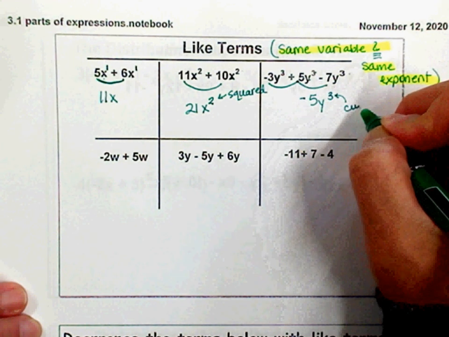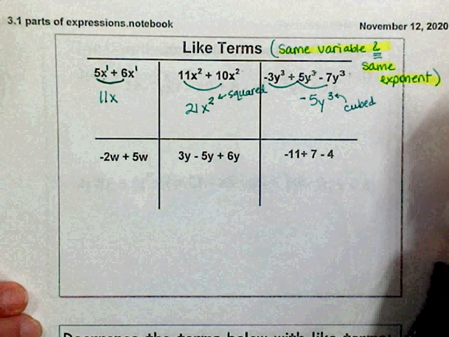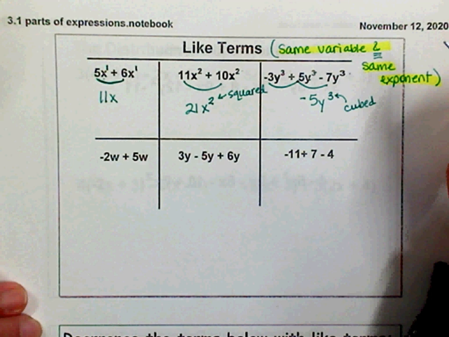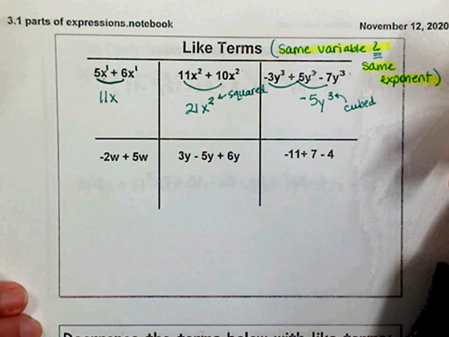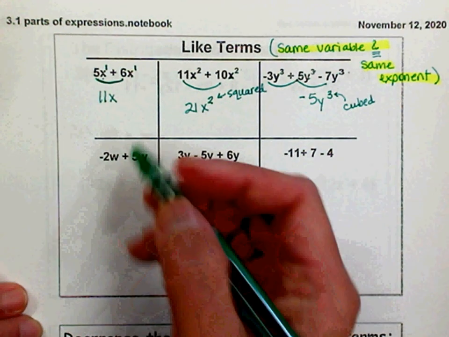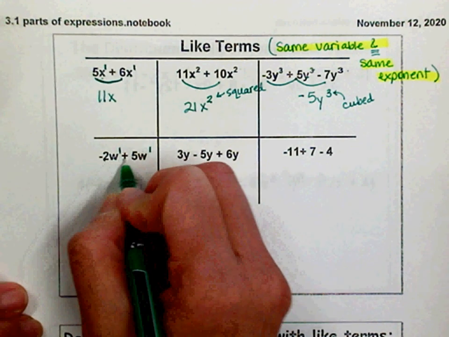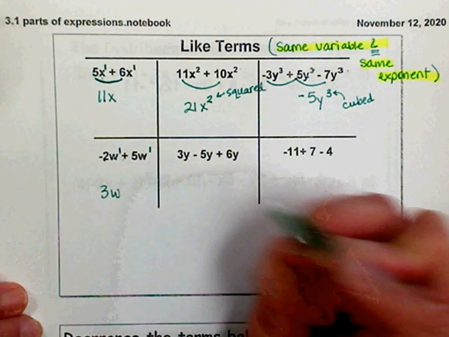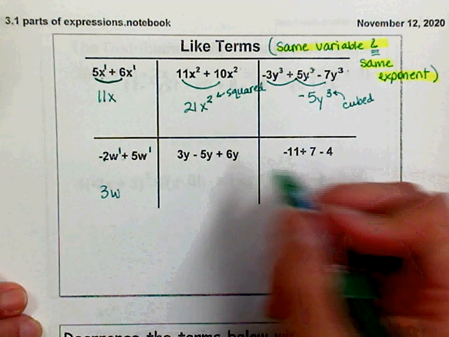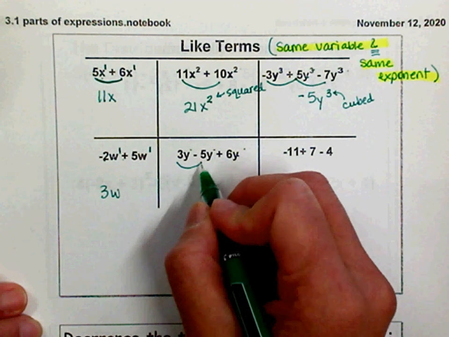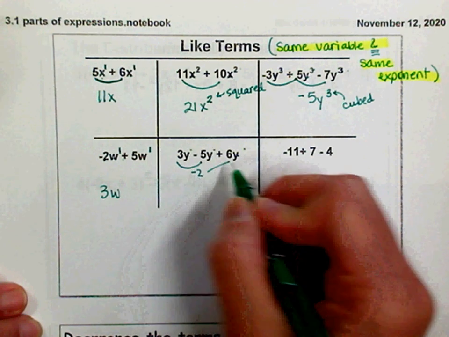Or you can say -5y to the third, -5y raised to the power of 3. Many different ways to say it. Same variable, exponent is a 1. -2 plus 5 is 3w. Same variable, same power. 3 minus 5 is -2, plus 6 gives that 4y. Okay.